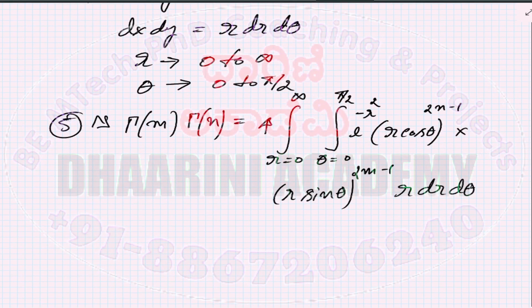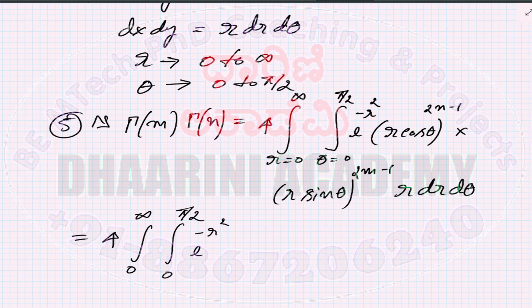Okay, I got this. Now this is equal to, now I shuffle them and I make things more clear. So this is equal to, first term is 0, r is varying from 0 to infinity, and the second term is theta varying from 0 to pi by 2, right? E to the minus r square, we'll keep it as it is. Now you see I have the terms like r to the power 2n minus 1 and r to the power 2m minus 1.